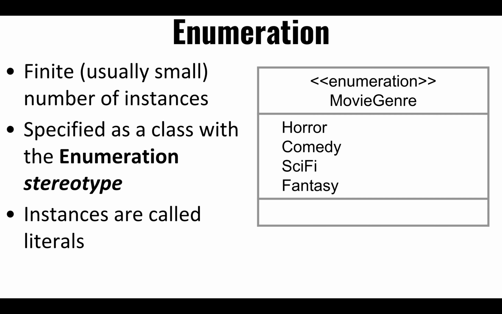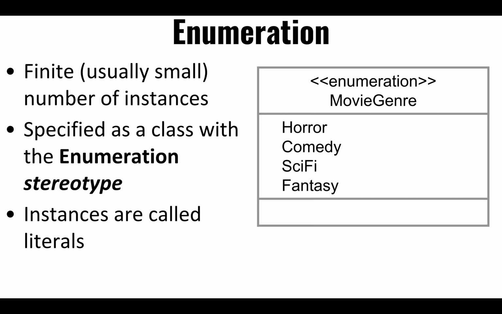Yes? But here they're not. They're not an attribute. Instead, this is just saying that there will be a variable that could be of type movie genre, and the only possible values for that variable are these four values. That value of genre can only possibly be either horror, comedy, sci-fi, or fantasy.